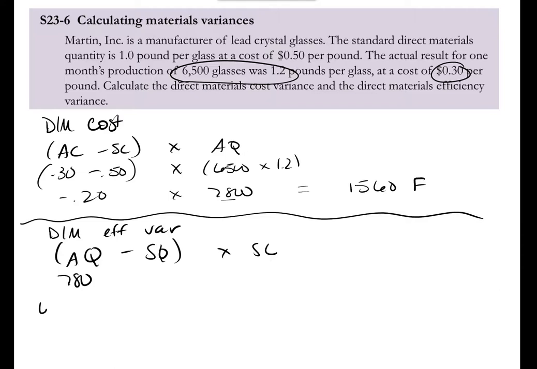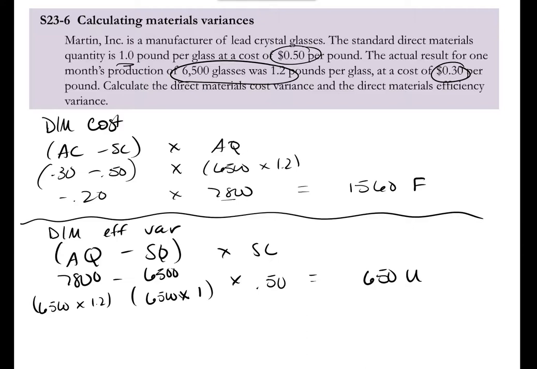That is 6,500 glasses times 1.2 pounds per glass. The standard quantity for 6,500 glasses is 1 pound per glass. So I used 7,800 pounds, but I should have only used 6,500. I take that times the standard cost, which is 50 cents, and I get a $650 unfavorable variance.